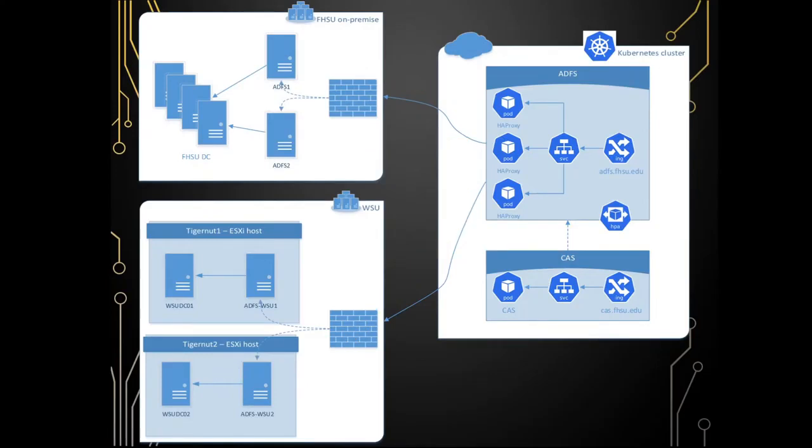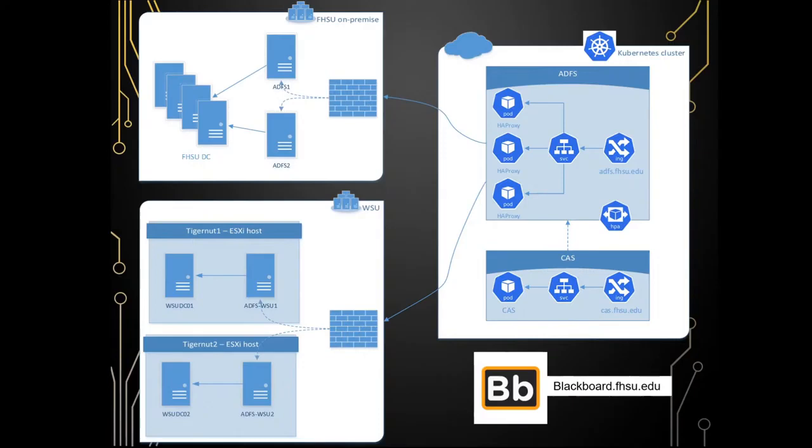Let's walk through the whole process in a scenario. Let's say a user accesses one of our web services, whether it's in the cloud or on-prem. For example, in this case, a user wants to access Blackboard. As we configured Blackboard to use CAS for authentication, Blackboard redirects the user to CAS.